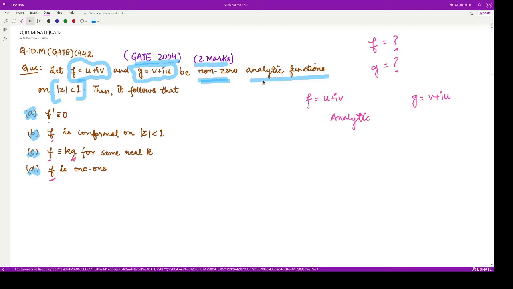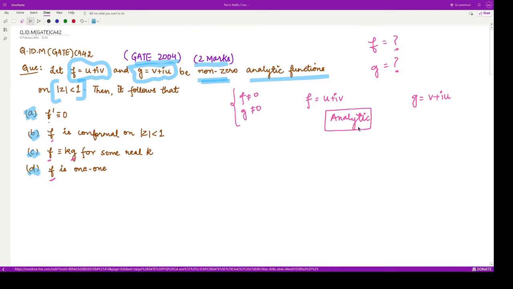So the only information we have is firstly they are non-zero, that means f is not equal to 0 and the function g is not equal to 0, and the other thing that is given to us is that they both are in fact analytic.